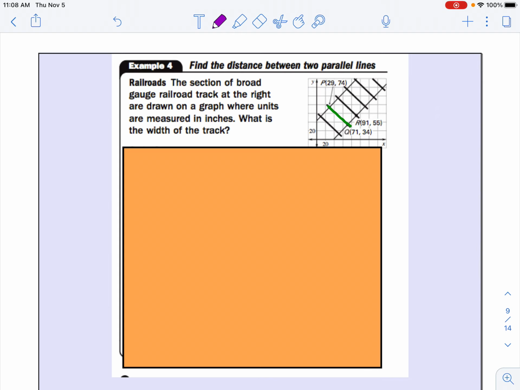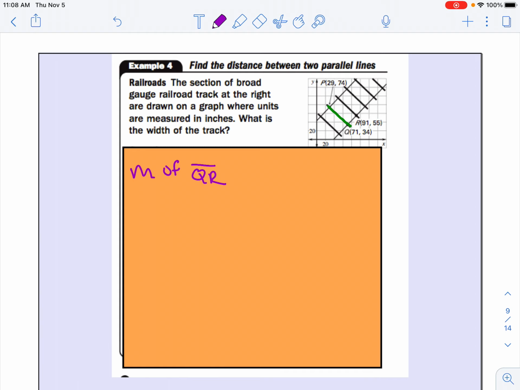Well, first of all, we need to find the length of that perpendicular segment, but we need to verify that it's perpendicular to both those lines. So what we can do is find the slope of QR.